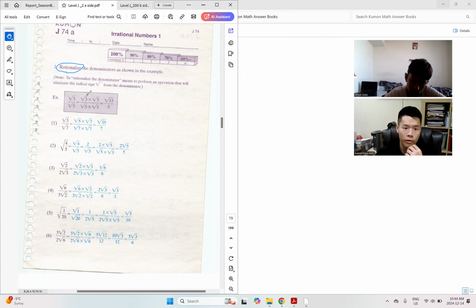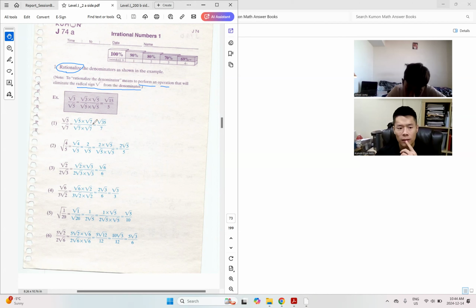As you can see from the example over here, it says to rationalize the denominator means to perform an operation that will eliminate the radical sign from the denominator. So it's getting rid of the radical at the denominator. All right, from the example over here, what can you see?